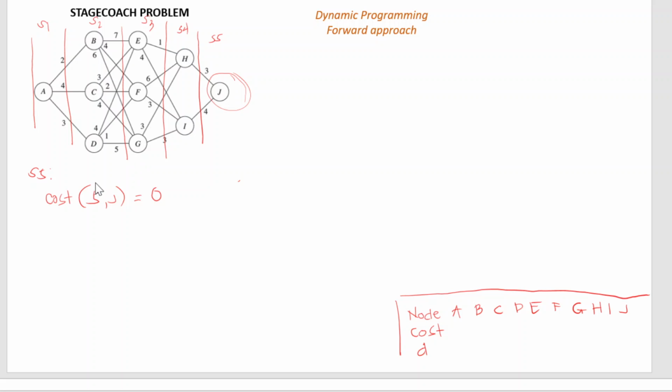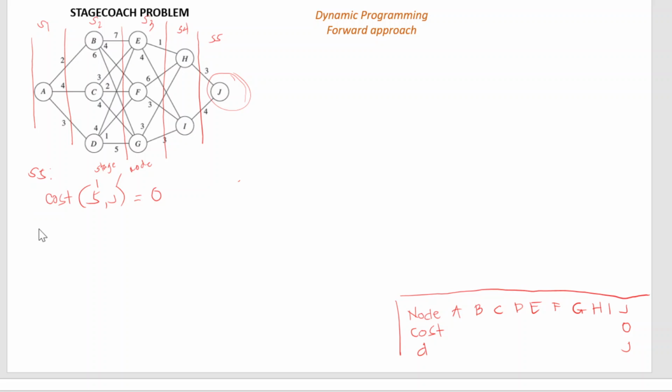By the way, I'm using this formulation: this one states the stage, and this one states the node, so I can be guided throughout my solution. So the cost of 5J is equal to 0 because there is no movement to or from it happening. Therefore, the cost is 0, and the destination is J.